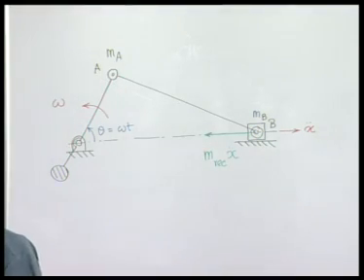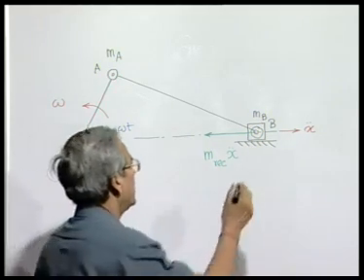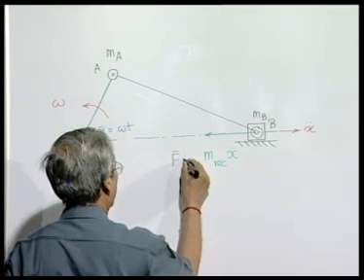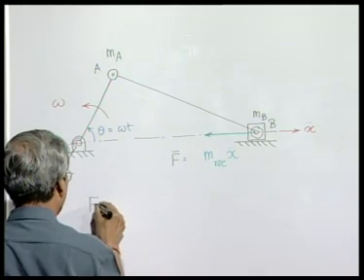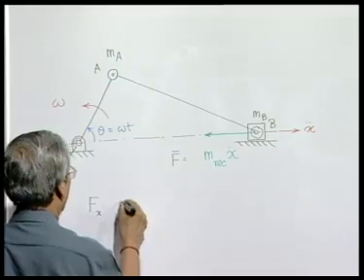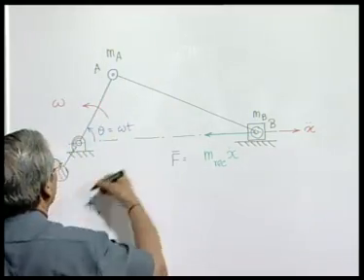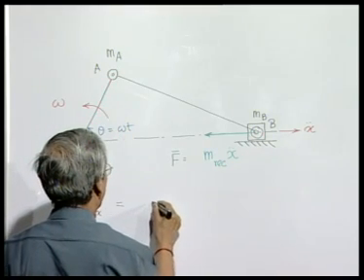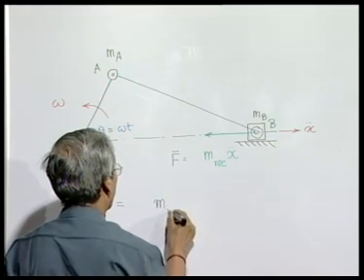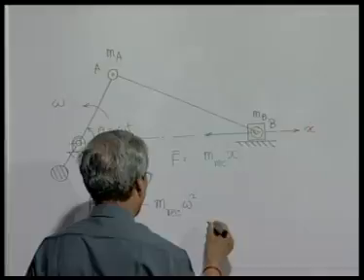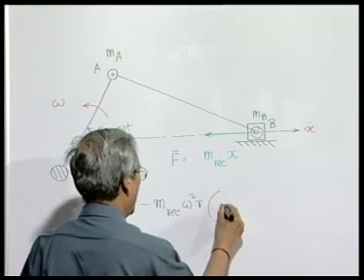We have seen that the inertia force or unbalanced force is given by only its x component. So, we call it f x, the unbalanced force in the x direction, because the rotating mass has been taken care of by the counterbalance. It will have two parts.